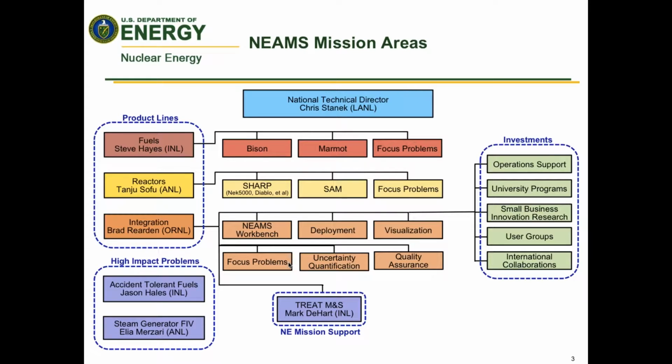We have several mission areas. These are outlined here. It's not a comprehensive list of our codes, but helps you depict the focus in our areas where we have 3 product lines: fuels product line, the reactors product line, integration product line. And you can see the names of the gentlemen that lead those. And off to the right on those lines, you can see some of the main areas of focus.